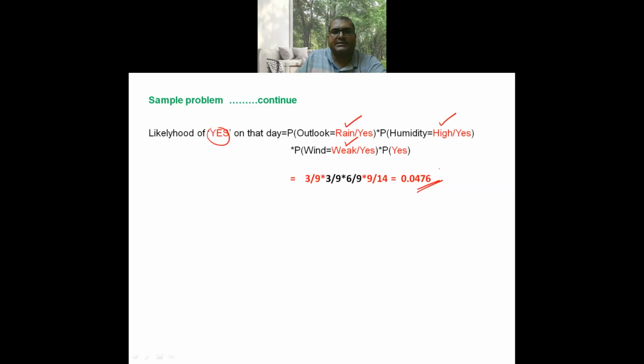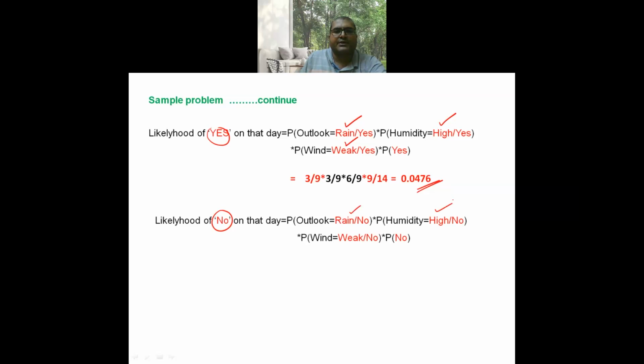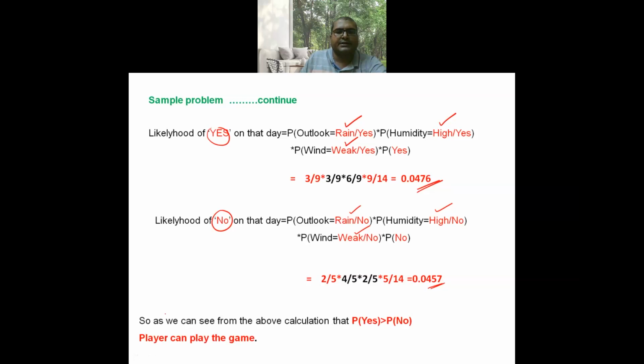We'll get the likelihood of yes on that day as 0.0476, and in the same way calculate the probability of no: rain by no, humidity high by no, wind weak by no, multiplied by no. The no probability is 0.0457. So as we can see from the above calculation, you can observe the probability of yes is greater than probability of no. So the player can play the game.